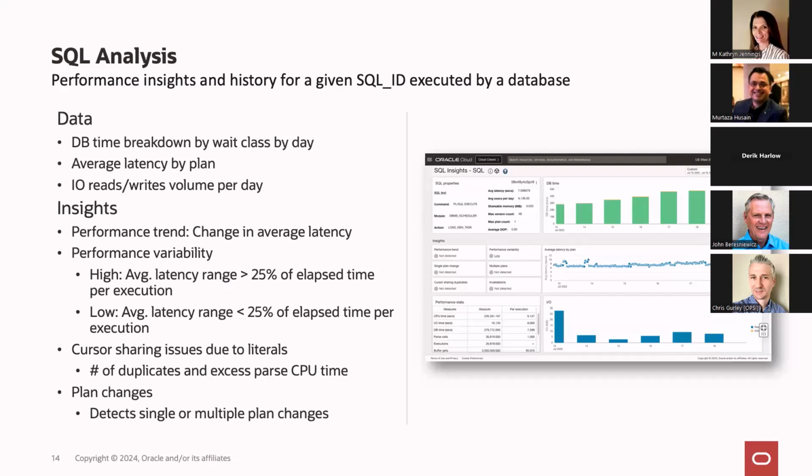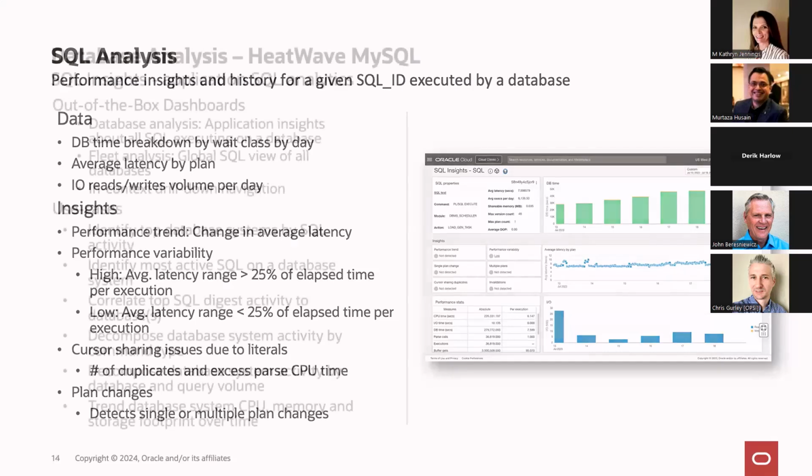So a new out-of-the-box drill down helps in exploring the details of a SQL ID as part of the APM trace. If the APM trace is highlighting some SQL ID, you can use that SQL ID to click into the SQL Insights page.